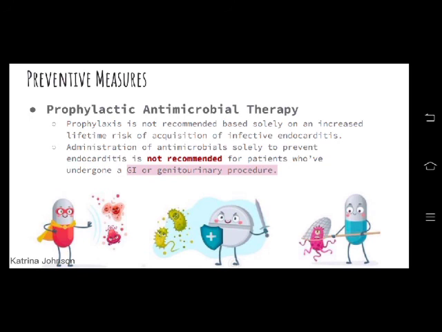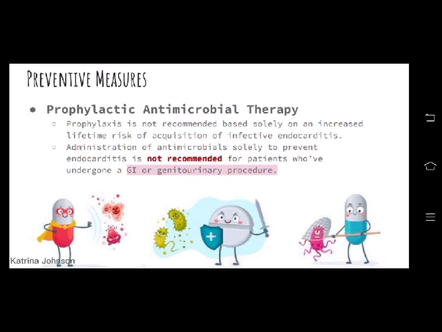Now, another thing to note would be for patients who are undergoing procedures on skin or soft tissue, an agent active against Staphylococcus aureus should be considered. That should be administered to the patient. For example, clindamycin or vancomycin, preferably an anti-staphylococcal beta-lactam would be used.